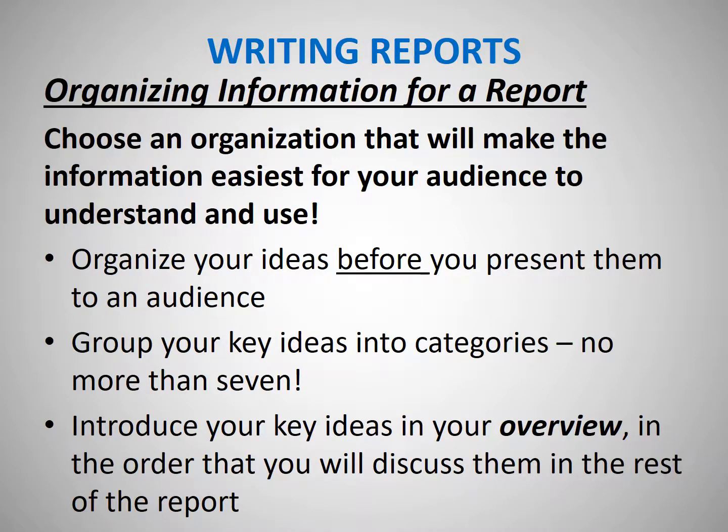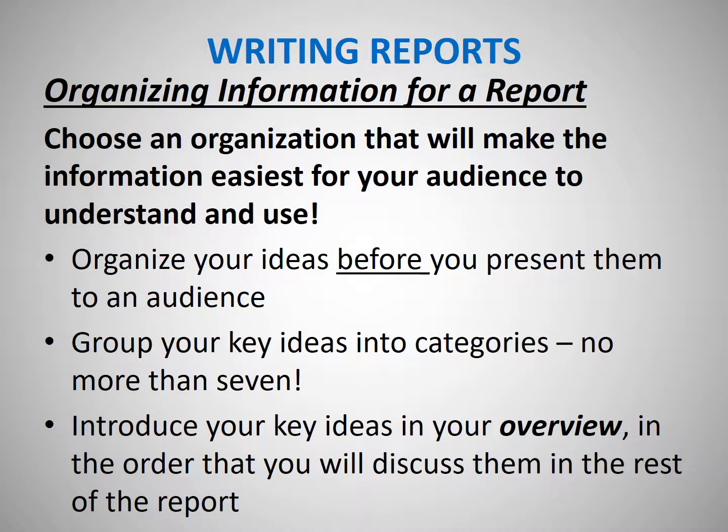So instead, if you've got a lot of separate pieces of information to communicate, you need to group them somehow into categories. And just sort of like the thumbnail is no more than 7 categories. So just make sure that you're thinking in terms of organizing information in a way that you're not going to lose the interest or the attention of your reader.